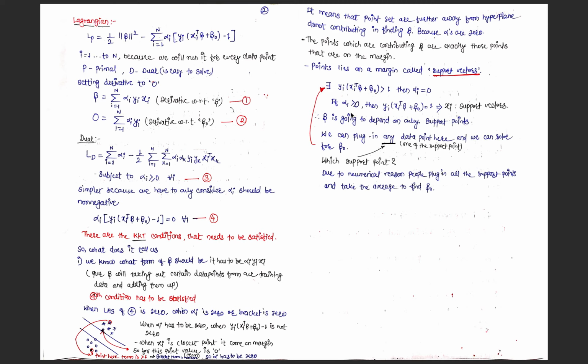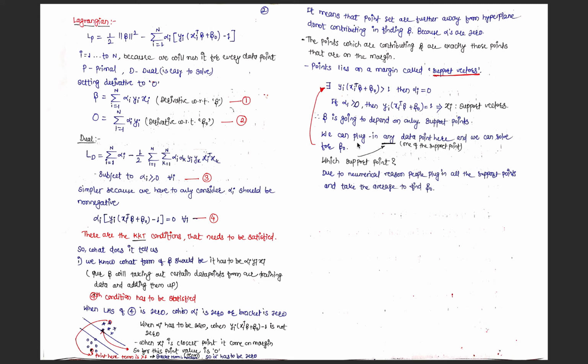If alpha is greater than 0, then y_i (x_i transpose beta plus beta naught) is equal to 1, and these x_i are the support vectors because alpha is non-zero, that is, greater than 0. Beta depends only on support vectors.